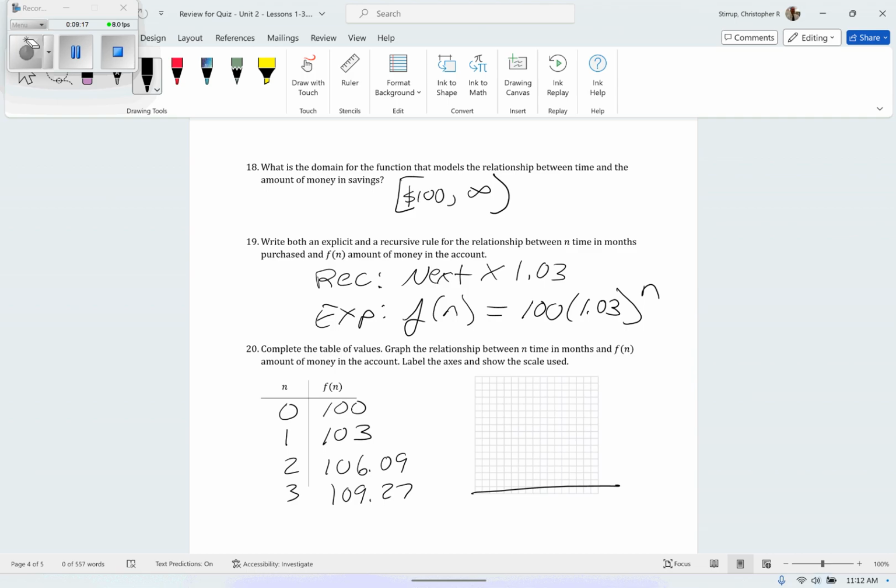I can make a better line than that. So first month, second month, third month, fourth month. So we start at 100. And so this month it's up just a little tiny bit, up just a little tiny bit, up just a little tiny bit, up a little tiny bit. So this is going to be continuous because the money grows throughout the month.